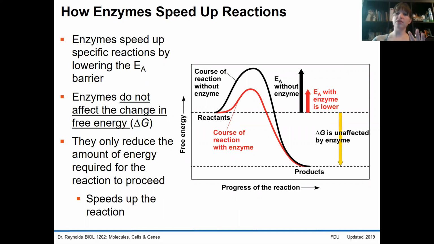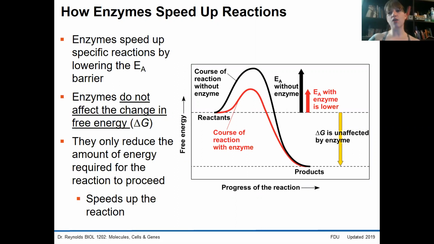Enzymes are going to be able to speed up reactions by lowering the activation energy, which is really a barrier between reactants and products. Even for spontaneous reactions, there is going to be an amount of energy that's necessary to get through that transition state.